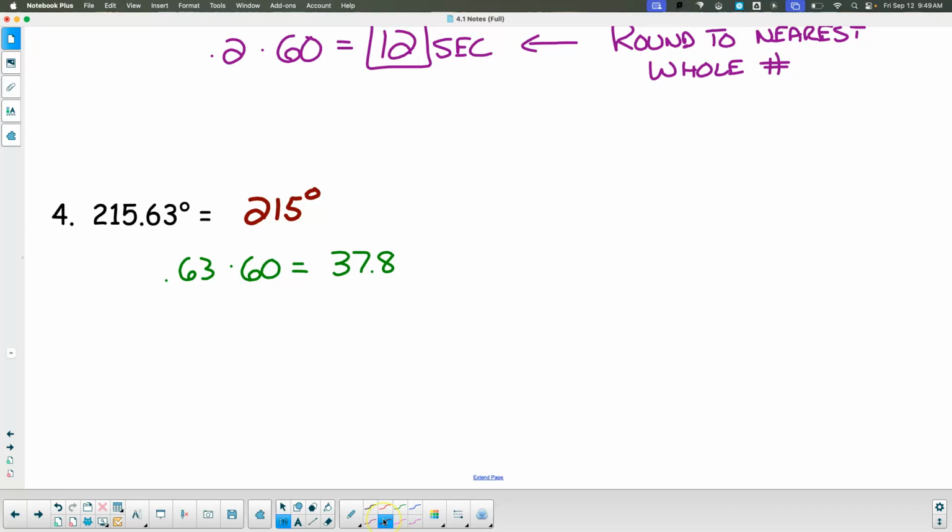So then this would be 37 minutes. Then I take the 0.8 and I multiply it by 60 and I believe I get 48 there. So then this would be 48 seconds. Agree with me on that? Yeah? Okay.